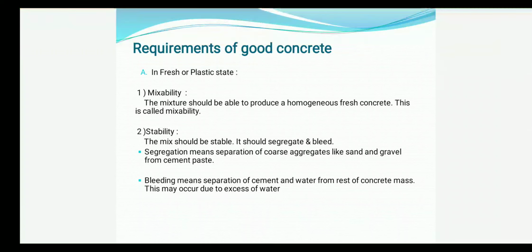That is, the mixture should be homogeneous. Second one is the stability. The mixture should be stable. It should not segregate and bleed. What is meant by segregation? Segregation is nothing but the separation of coarse aggregate like sand and gravel from cement paste, while bleeding is nothing but the separation of cement and water from the rest of the concrete mass. And why does bleeding occur? Because of the excess of water.